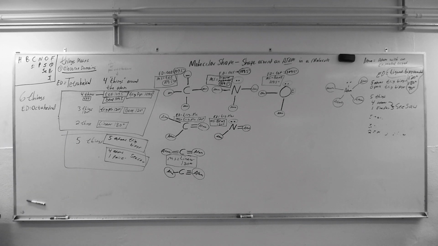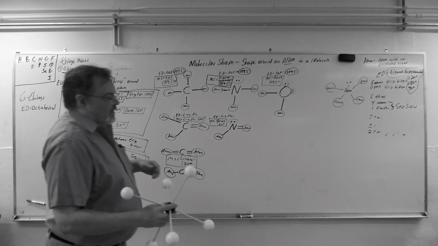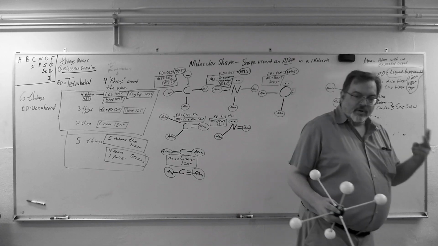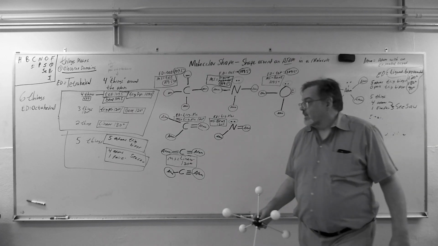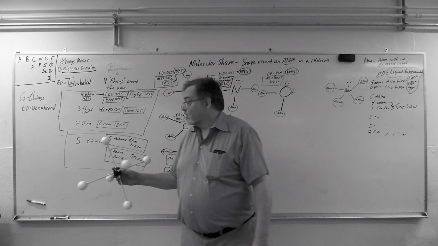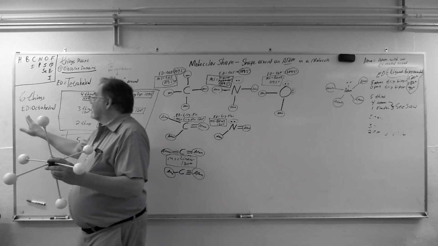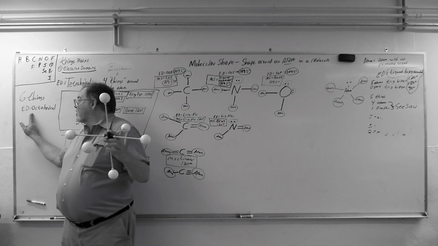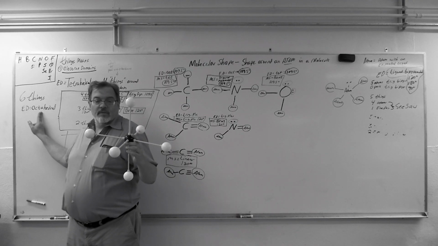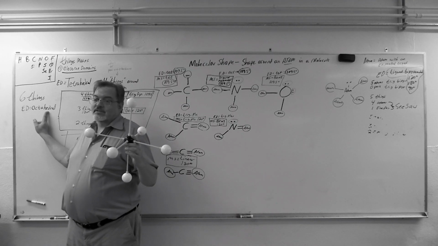And let me disambiguate a little bit. We went from 2 things around the central atom to 3 things, 4 things, then to 5 things around the central atom. Now we're to 6 things around the central atom. Yet I'm using the word octa. I'm saying octahedral, not hexahedral.